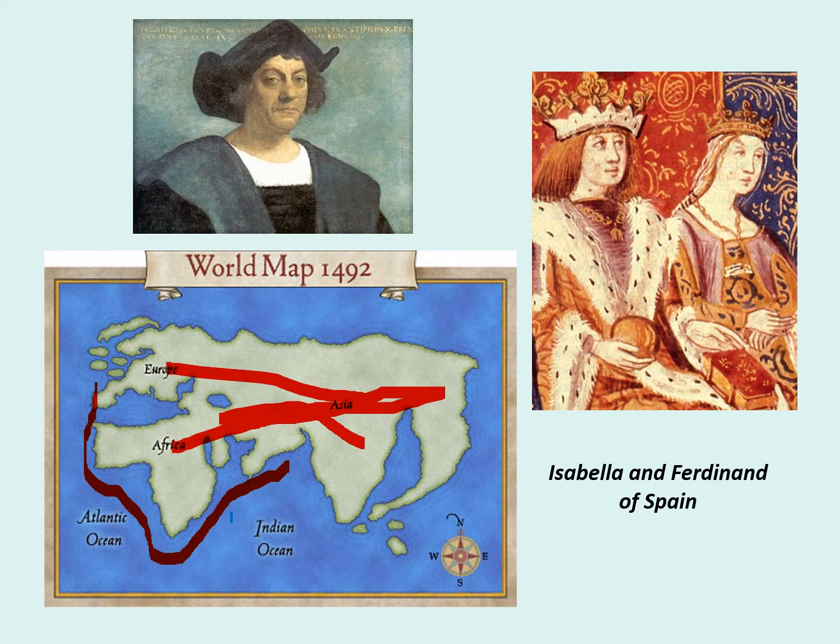And Columbus thinks that if he sails about 3,500 miles west of Africa, he will find Asia. 3,500 miles, which seemed doable. And remember, these are wooden ships and cloth sails, and it's going to be a tough voyage, but he thinks it's possible, 3,500 miles.